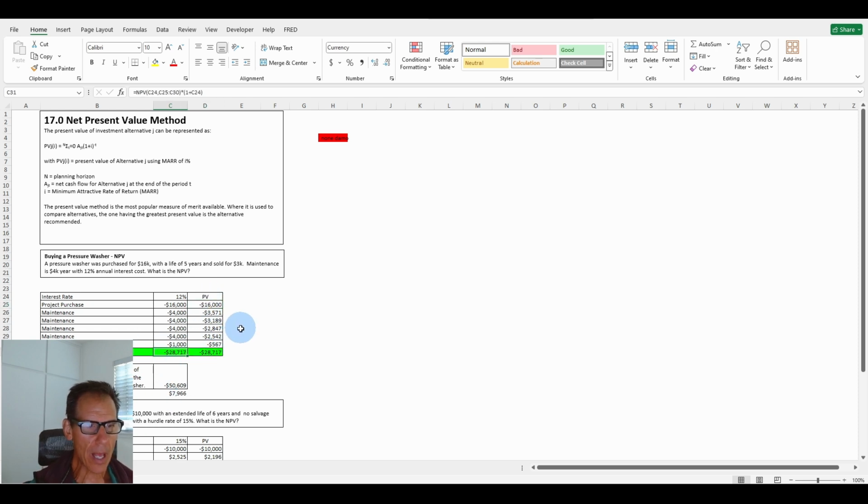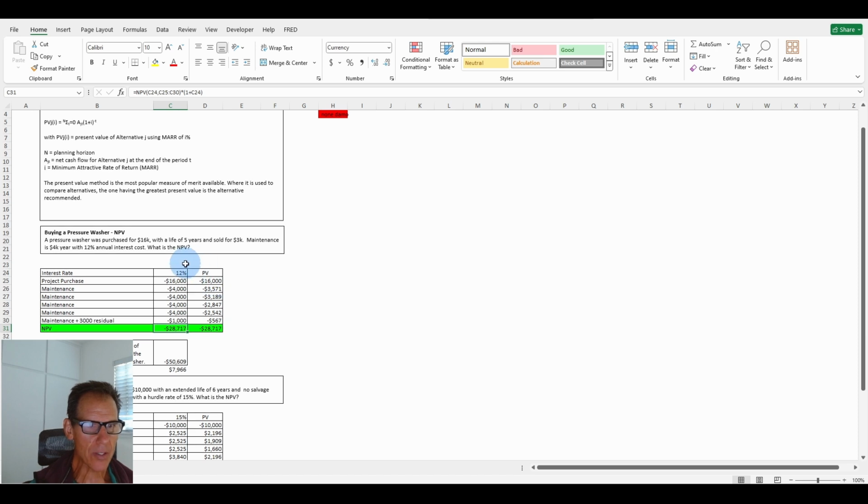This means that a single expenditure of $28,717 at time zero is equivalent to the cash flow profile from the pressure washer, which is $50,609. That means over time, this is going to cost $50,609 over the 5-year period.